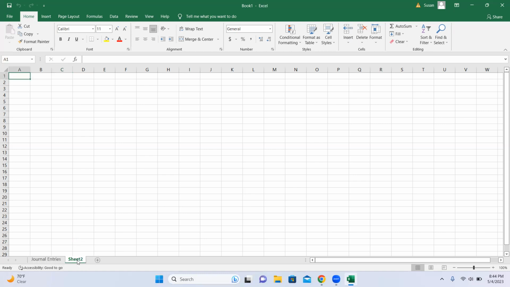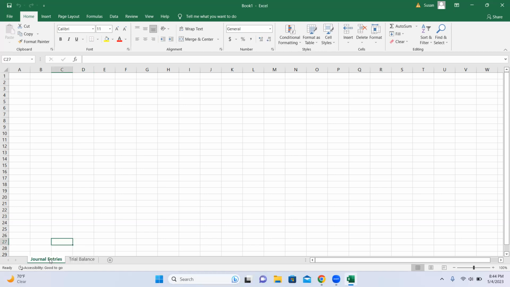And then your journal entries, the monthly activities, will flow to this separate support called a trial balance. And a trial balance is basically the balances of your debits and your credits.